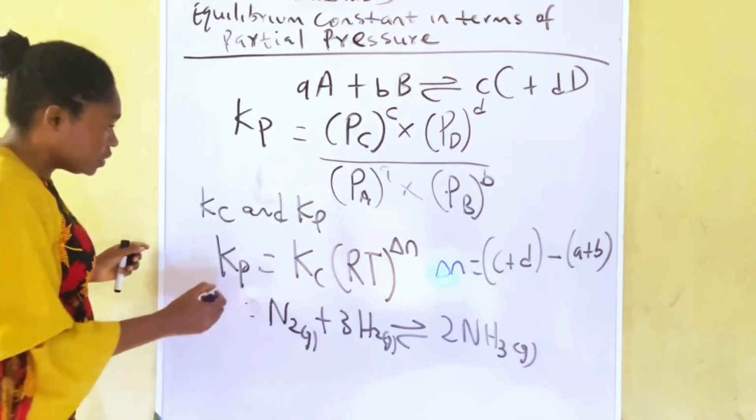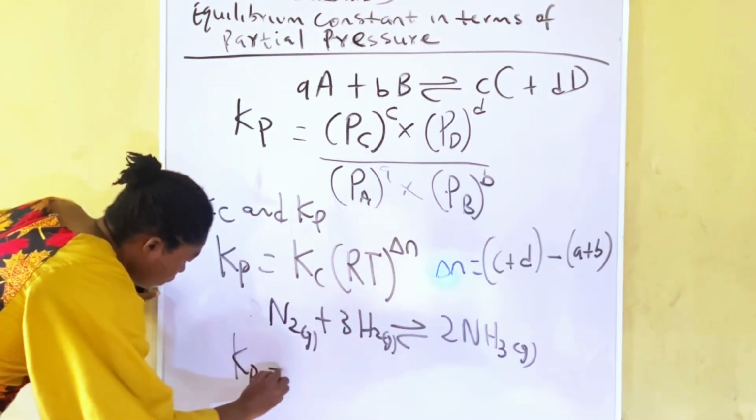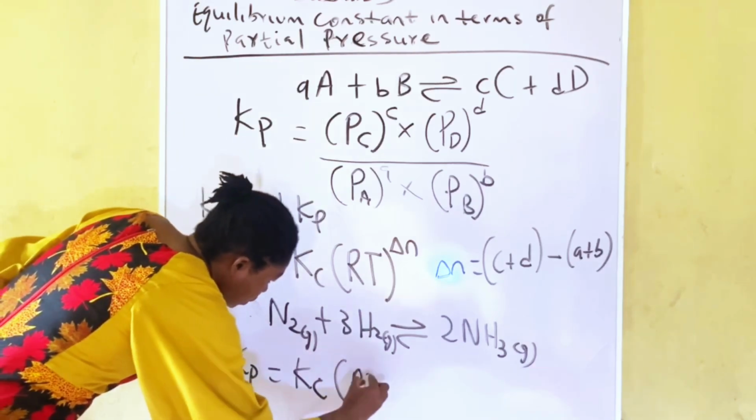If I'm using this formula, Kp is equal to Kc (RT) to the power of what?